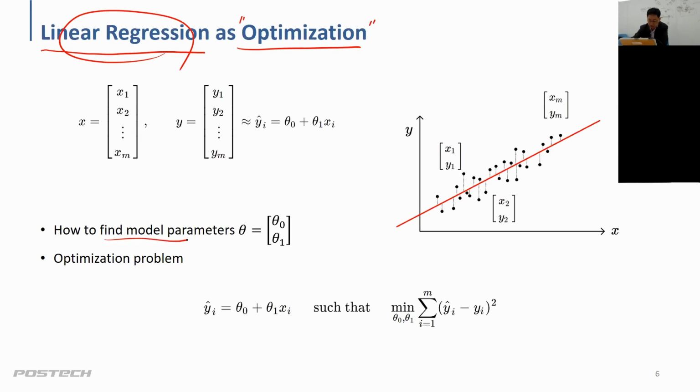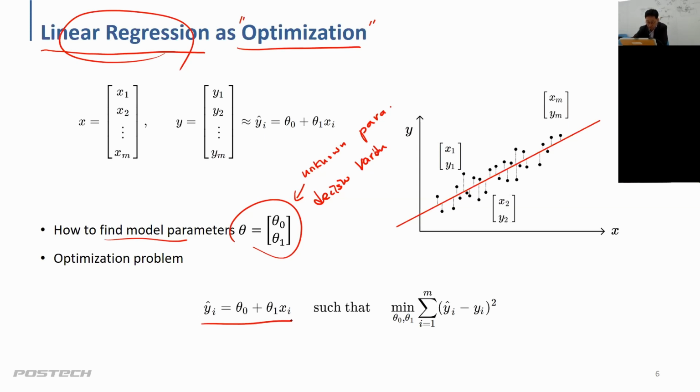How do you find these two unknown parameters? You can think of them as decision variables in the context of optimization problems, if you remember.